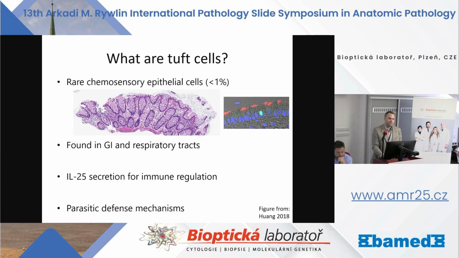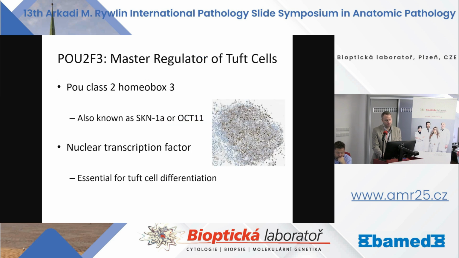These cells have a role in parasitic defense as well, so mucosal barrier and immune function. And it's required for appropriate tuft cell differentiation. It's POU class 2 homeobox 3, which is OCT11 or SCN1 alpha.